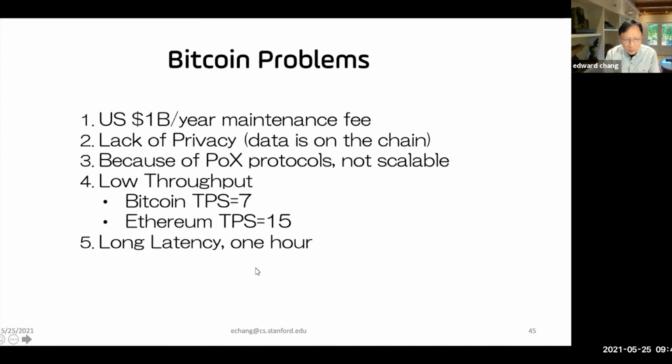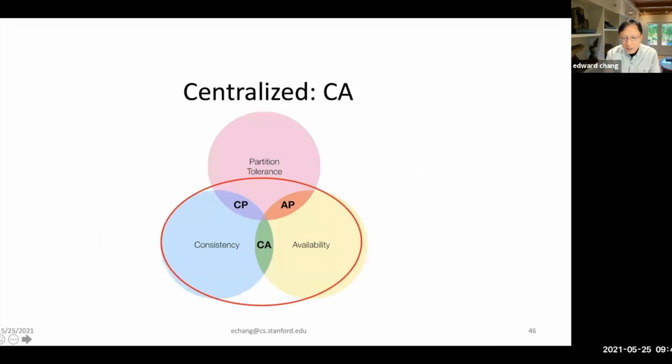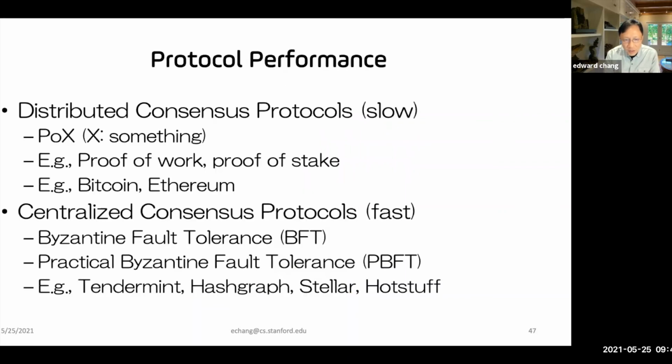Transactions per second for Bitcoin is only 7, and Ethereum is 15, not much better. So if we utilize that for payment, that's impossible. And if we want to utilize it for security, privacy preservation, that's also not very convenient, but we can solve the problem. So banking, I talked about the centralized system using CA.